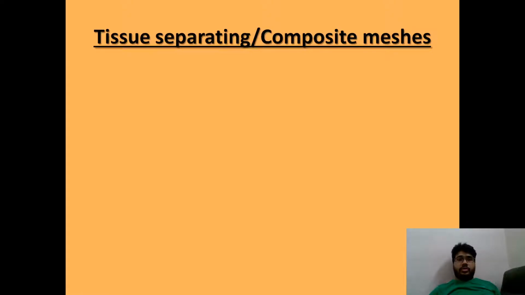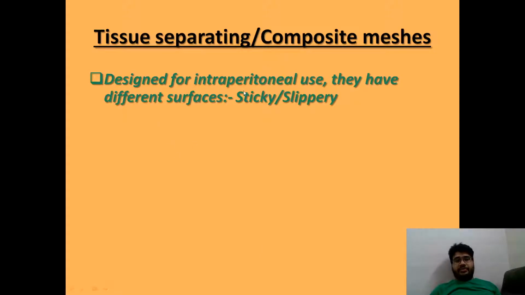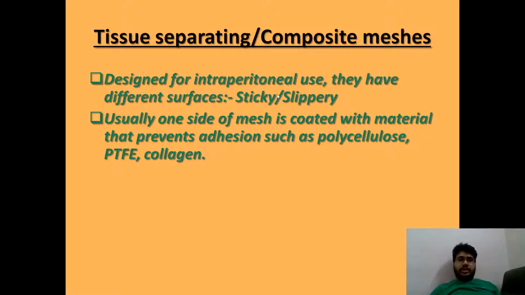So, tissue separating composite mesh, you must be remembering by the picture which I was talking about. These are designed for intraperitoneal use. They have different surfaces. One is sticky and one is slippery. So sticky should be away from the bowel, slippery should be towards the bowel. Usually one side of the mesh is coated with a material that prevents adhesion. This is true for the bowel surface, because on the other side we want adhesion, but on the bowel side we do not want adhesion.